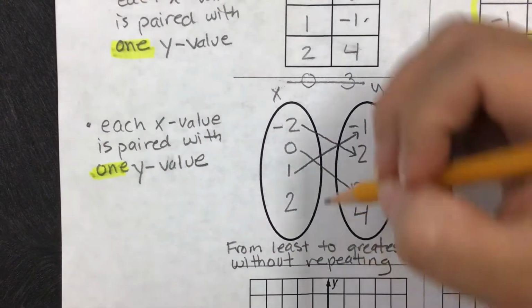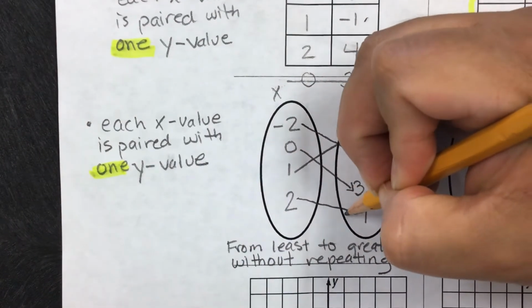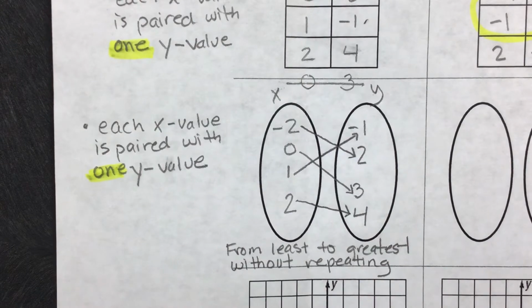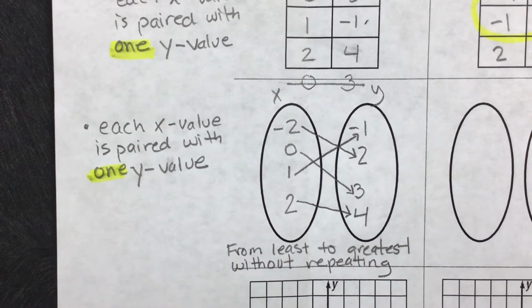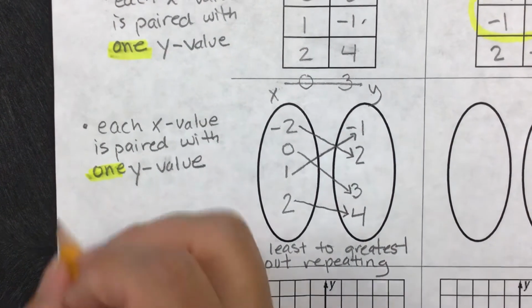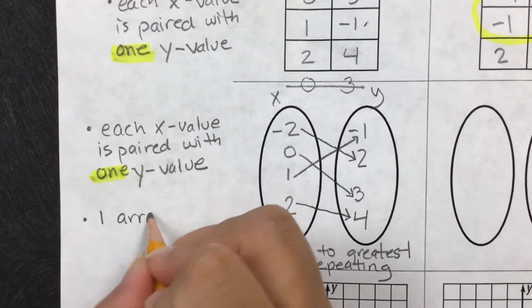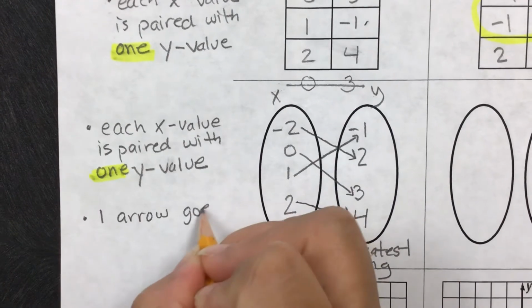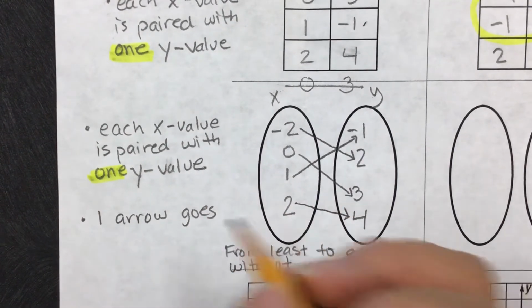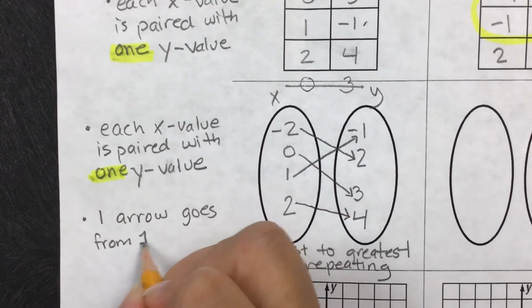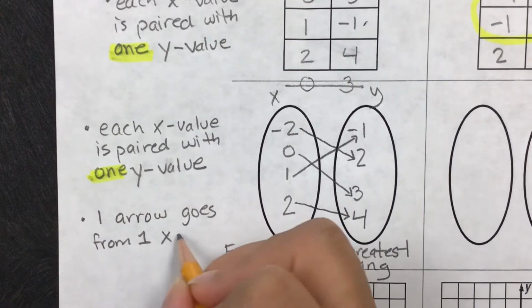And 2 went with 4. So yes, we're looking for the x values to only be paired with 1, but in mapping, we're also looking at that one arrow goes from one x value.